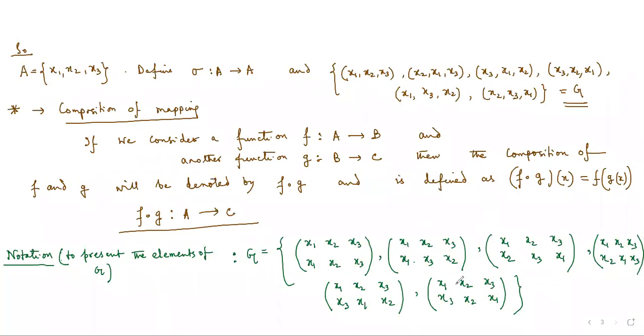In general, we have written x1, x2, x3, and if sigma is my function, then below we have written sigma x1, sigma x2, sigma x3, which change from element to element in capital G. This is the notation by which we are going to represent the function.